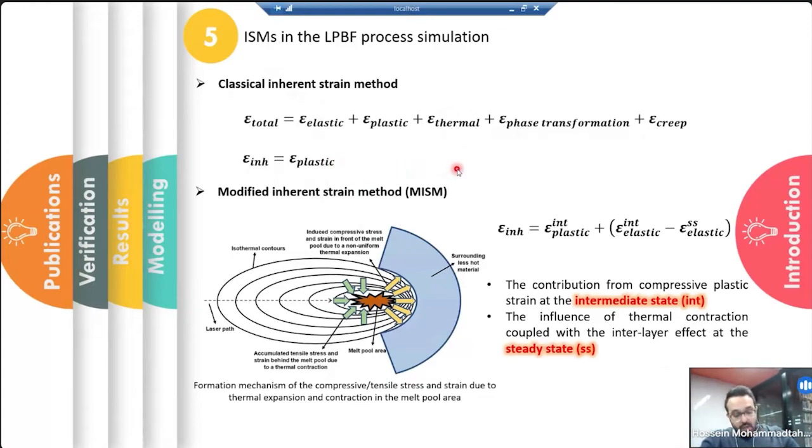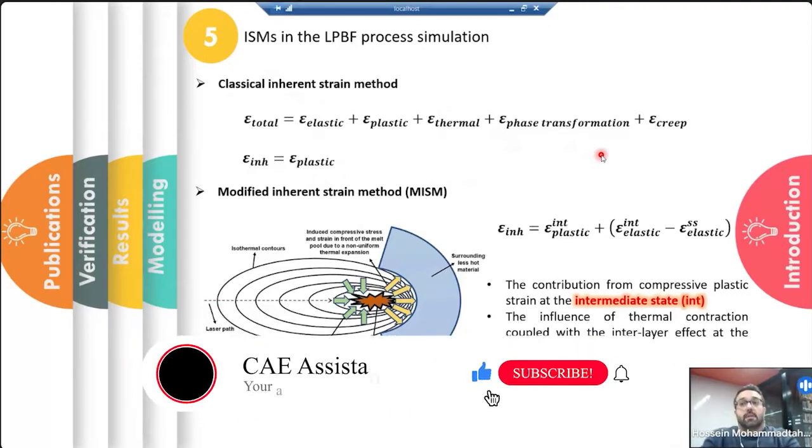However, this classical theory couldn't give an accurate prediction of the residual stress and distortion in the LPBF process, due to the multi-layer effect in additive manufacturing with a very fast-moving heat source.